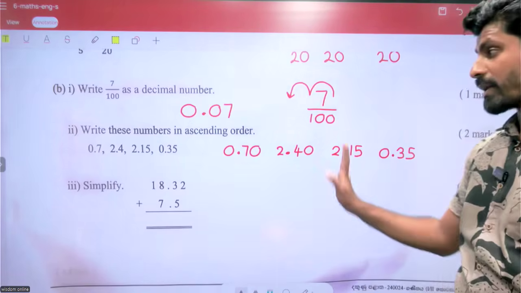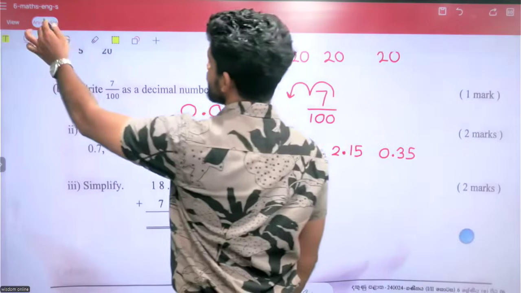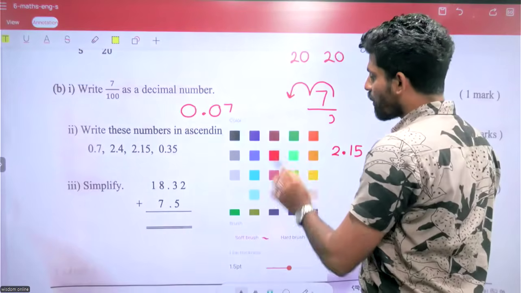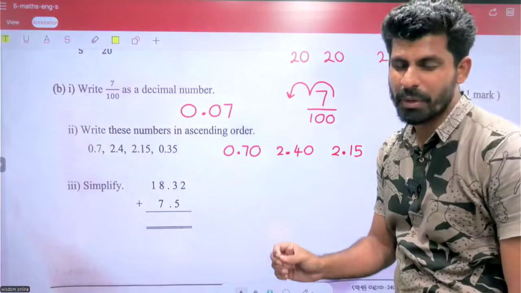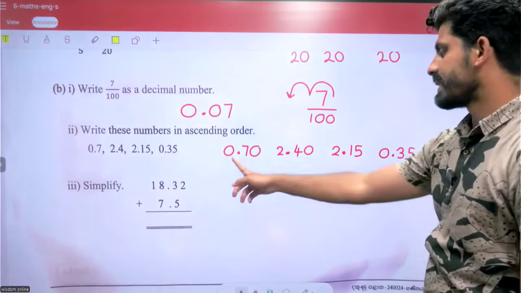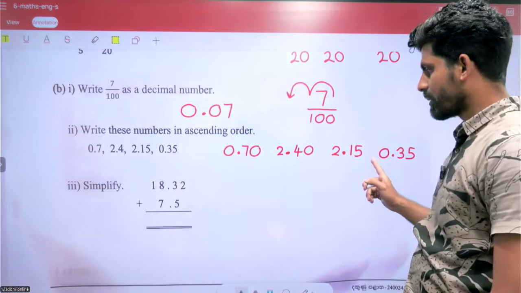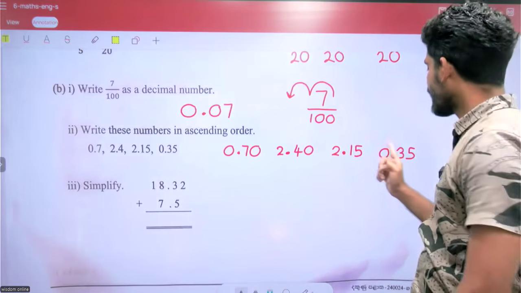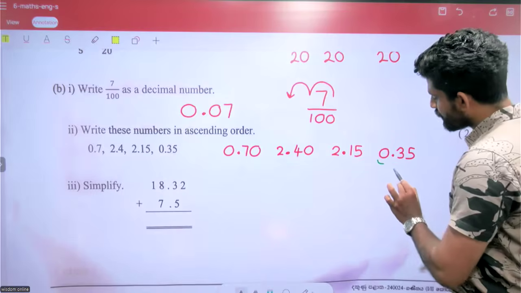Okay. Now look at the ascending order. Ascending order means smallest one. So what is the smallest one? Look at the first decimal place, 7 and 3. This is the smaller one.